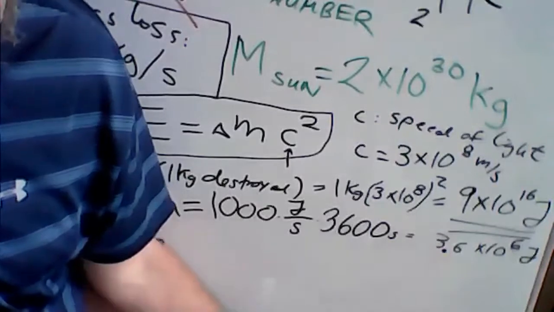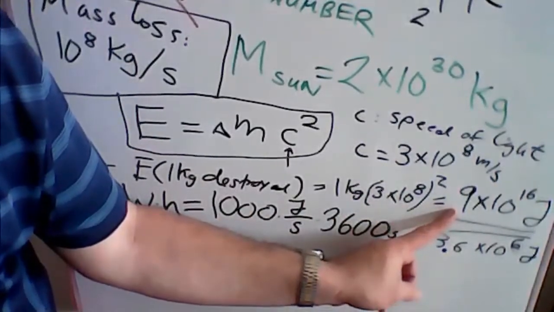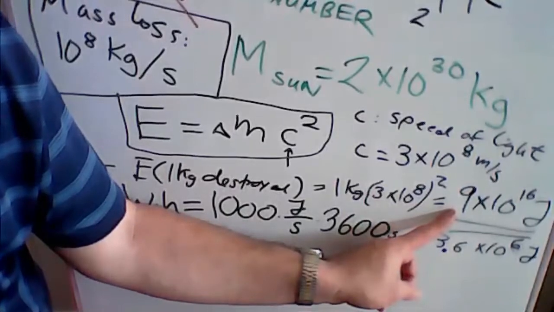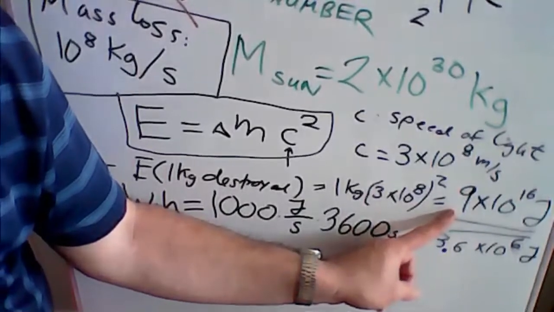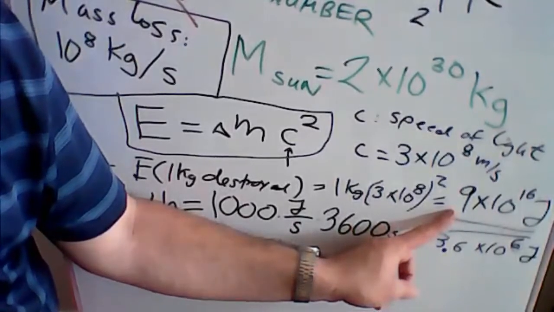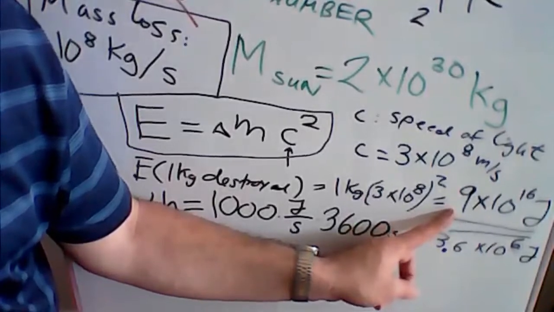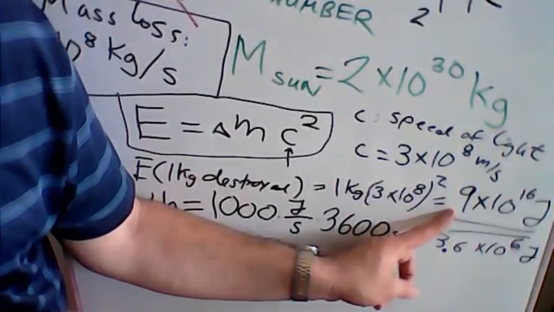The top number is the energy produced by destroying 1 kilogram of mass, 9 times 10 to the 16 joules. Remember, the sun destroys 100,000 tons of material every second. So just one of those kilograms that the sun destroys, that's how much energy is released.